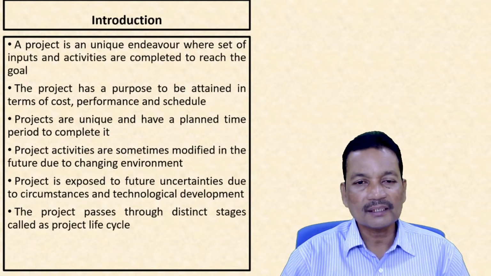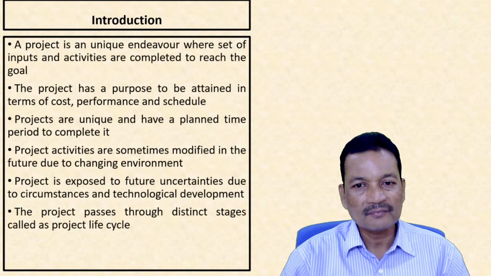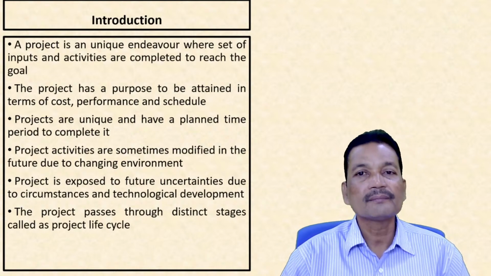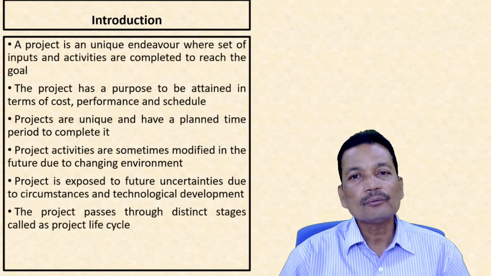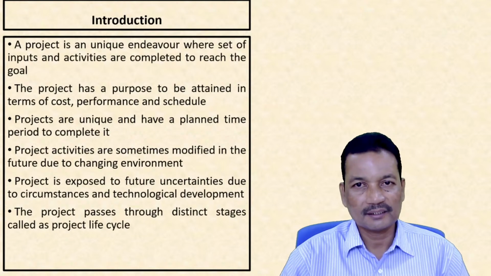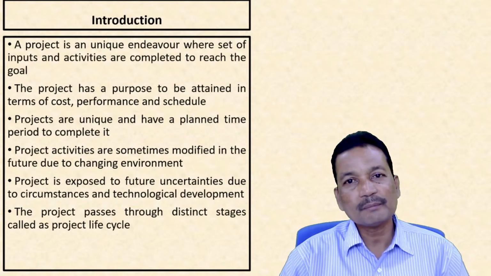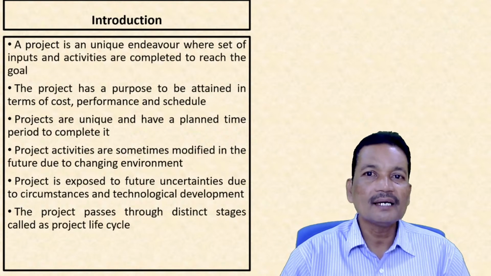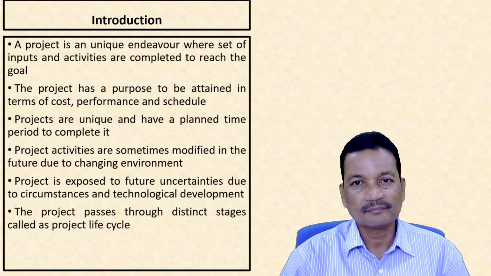Now, what is that planned time duration? During the planning stage, we try to judge what should be the duration of the project. While the actual implementation goes on, we try to adhere to the planned schedules.